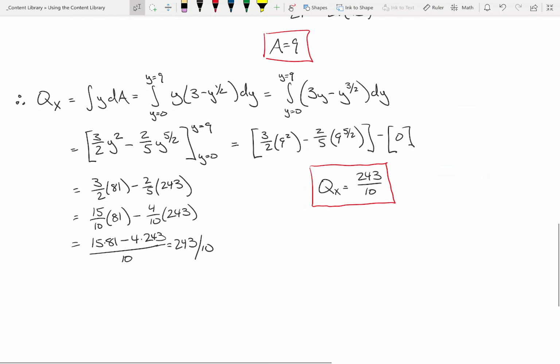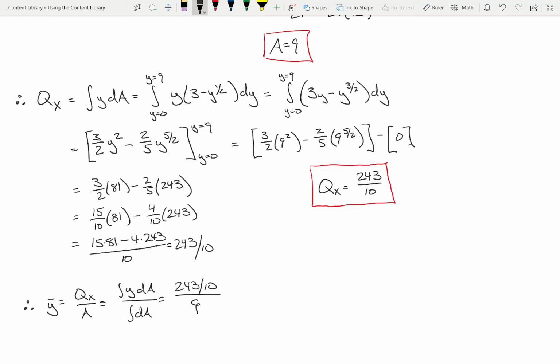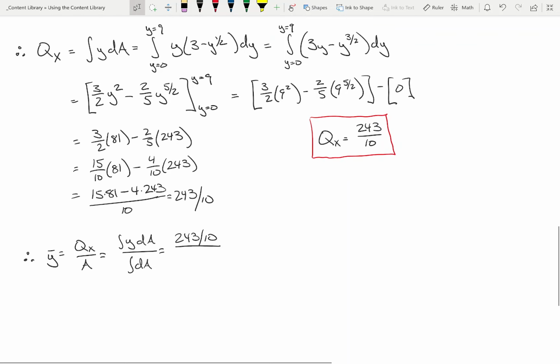Okay. So therefore, here's what we can do. We can say that y bar is just that, or if you don't like that notation, y-bar. Which is going to be 243 over 10 over 9. Move that up. Kind of hard to write like that. Okay, so 243 over 9.